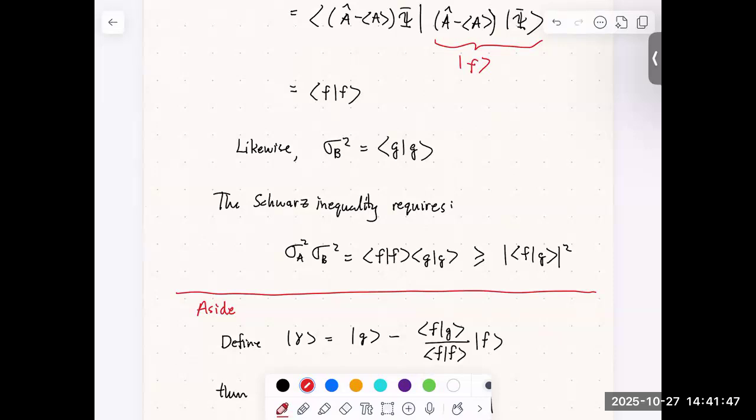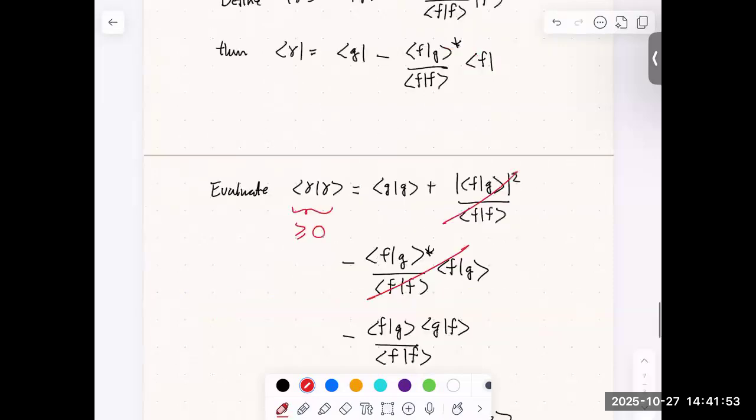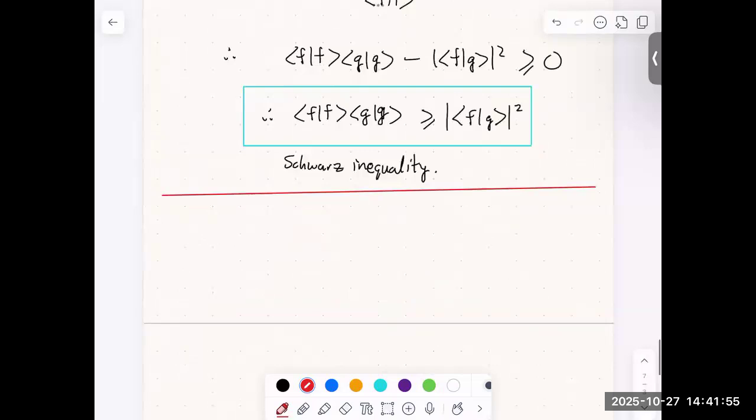Any complex number I could write as a real component plus an imaginary component. So we say next, for any complex number, z could be written as x plus j times y. We require the following.